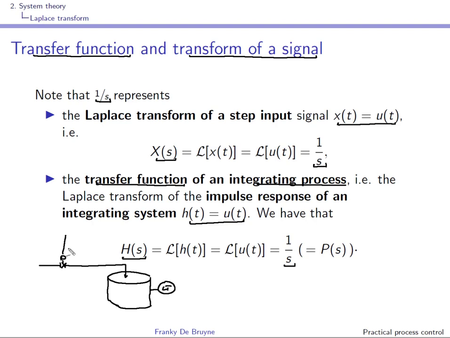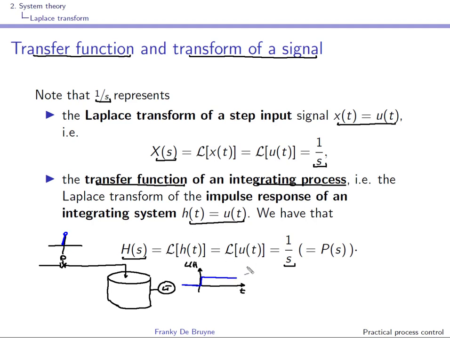If at the input you put an impulse, a Dirac impulse, what you will see at the output, so this is time here and this is the level, is that the output will evolve as a unit step. You open the control valve for a very short period, and what will happen is that the level will increase.